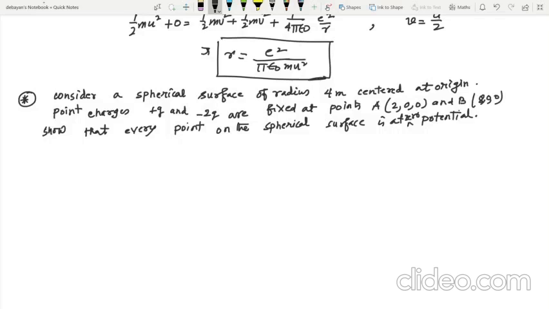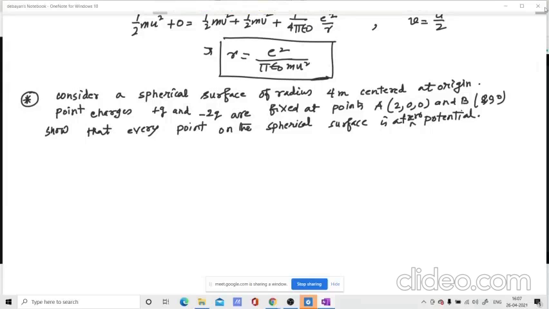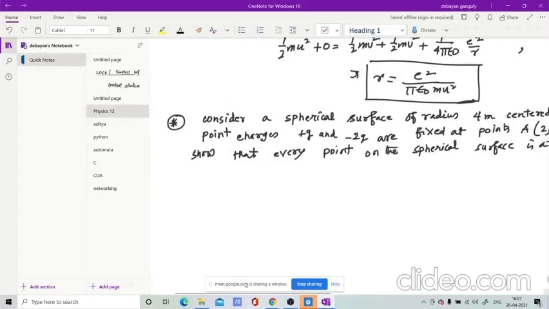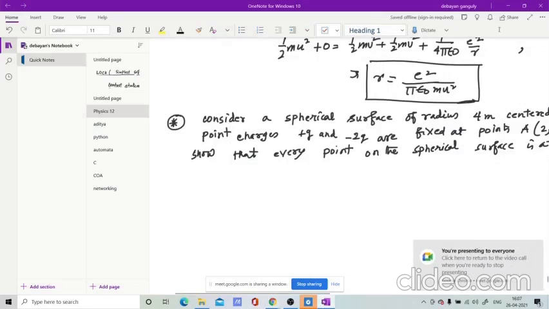You have to solve it. It cannot be solved normally since it is a spherical surface, which has 3 dimensions. So what is the equation of the spherical surface?